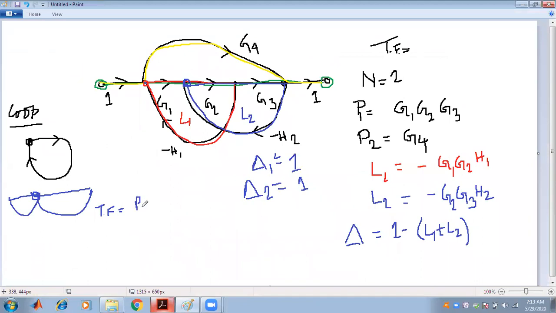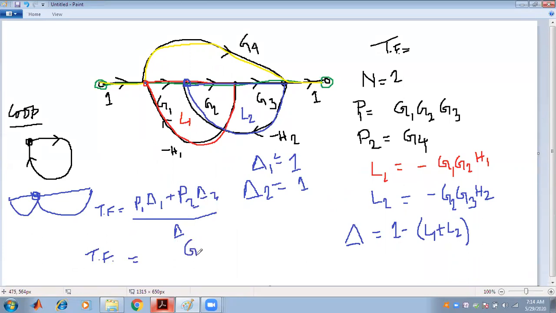So the transfer function is p1 del 1 plus p2 del 2 divided by del. Del 1 and del 2 are 1.